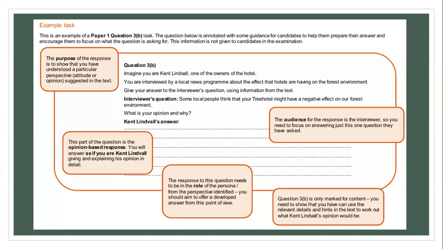If it is a local news program, your answer or the expression of your opinion is going to be presented to a group of audience, and there is a possibility that among those audience there might be a few who may not be able to understand what you are saying, so you need to tailor your language accordingly, right? So this is what component 2 of paper 1 reading is: summary, writing a selective summary, and a short response question.